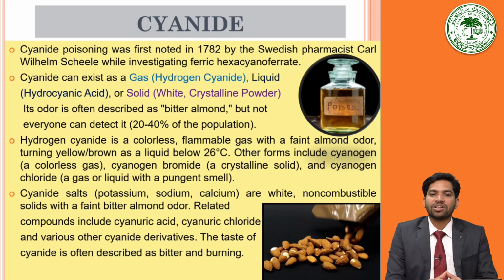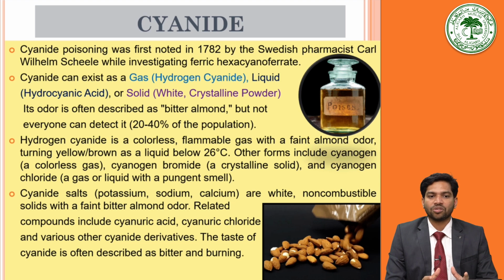Cyanide poisoning was first reported in 1782 by the Swedish pharmacist Carl Wilhelm Scheele while investigating ferric hexacyanoferrate. Cyanide can exist as a gas in the form of hydrogen cyanide, a liquid as hydrocyanic acid, or a solid in the form of white crystalline powder.